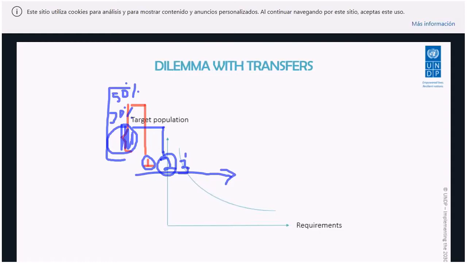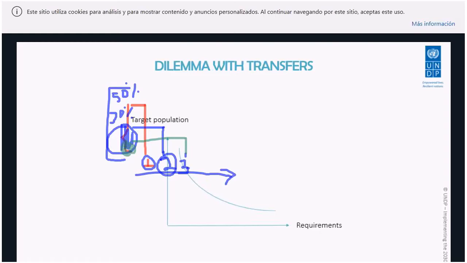So that's a third requirement, and by adding a third requirement, we will have an even lower share of the population who will be considered as beneficiary, right?